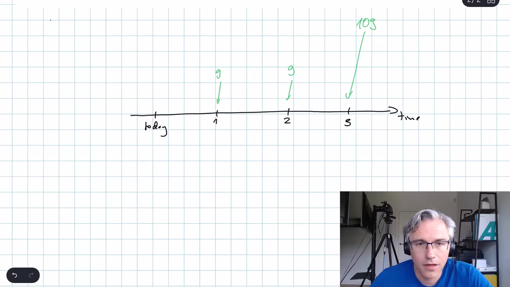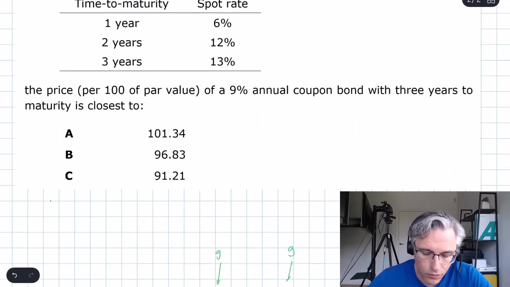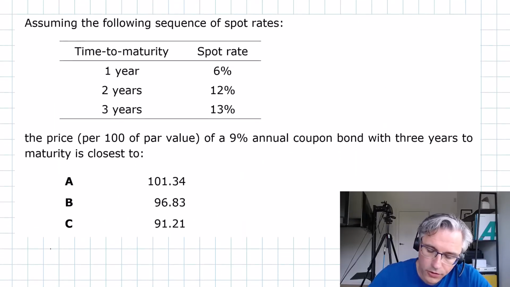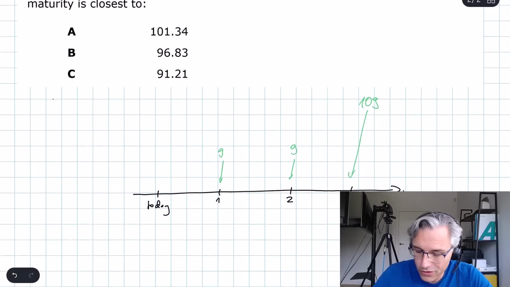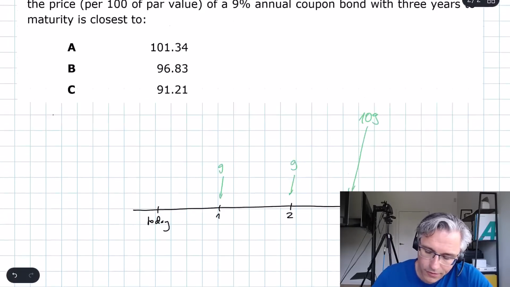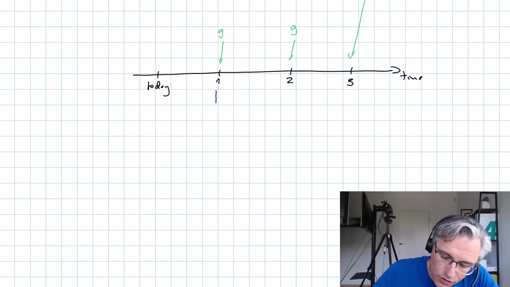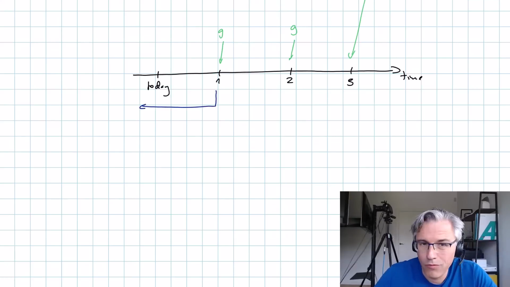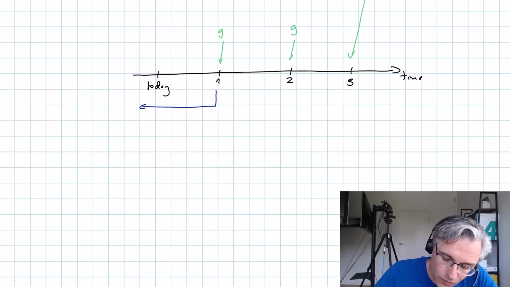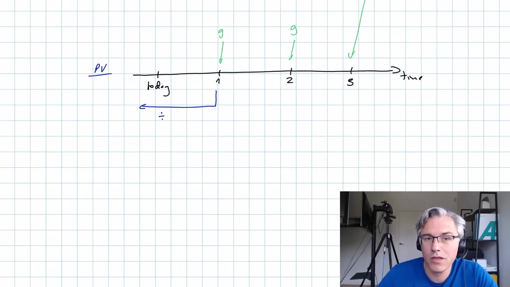Now, what we should do is use these individual spot rates to discount each of the individual cash flows. So 6, 12, and 13. Starting with the year 1 cash flow, the way you would discount it down to its PV, its present value, is by dividing by 1 plus the discount rate.